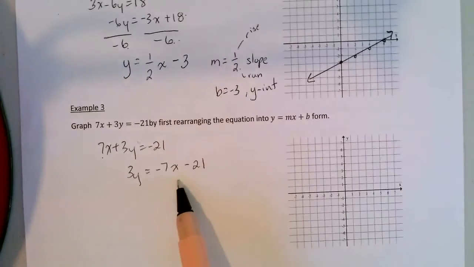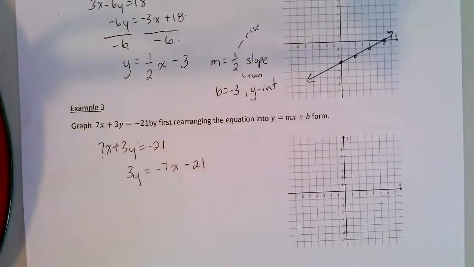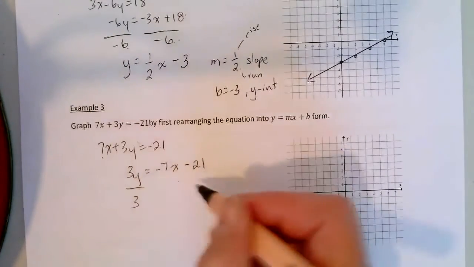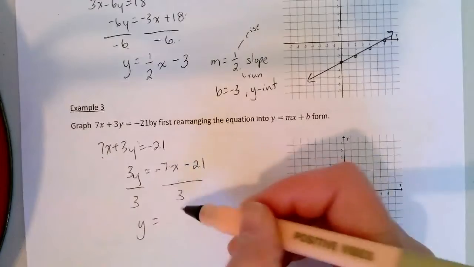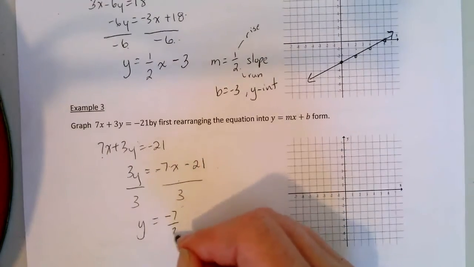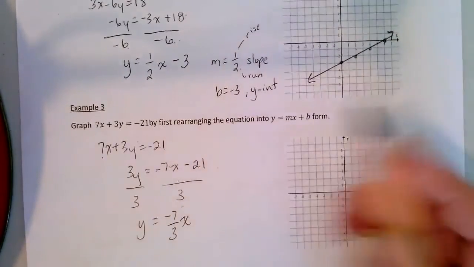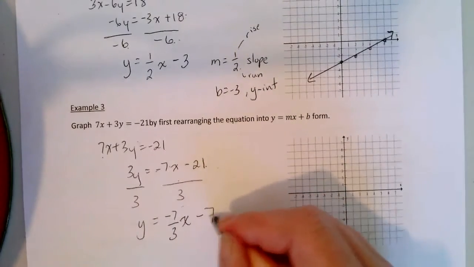I like to put it in front of the negative 21, which was already on the right-hand side, because now it's in that proper format. We divide both sides by 3. We have a negative over a positive, and 7 does not divide evenly, so we're going to leave that as a fraction. And negative 21 divided by 3 is negative 7.